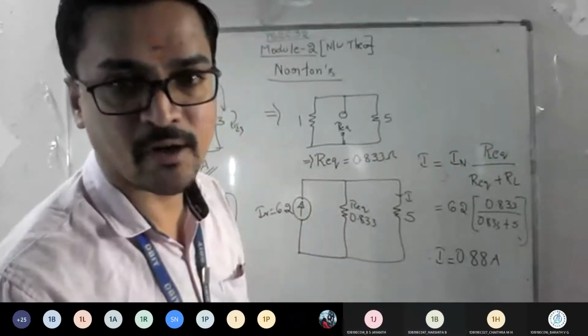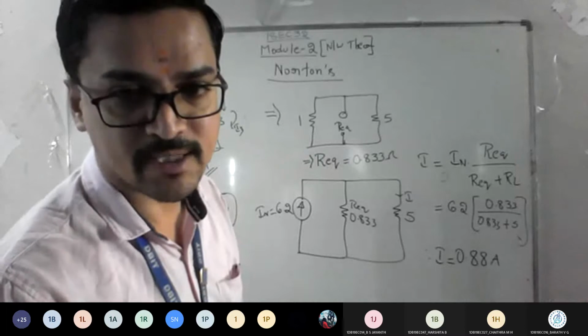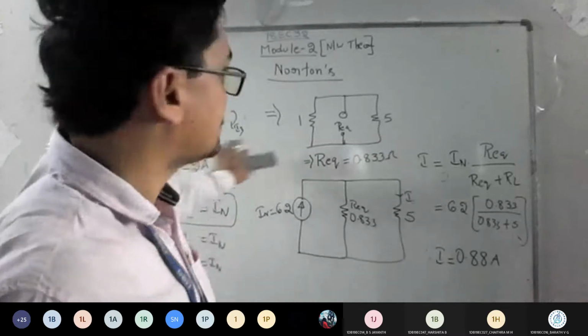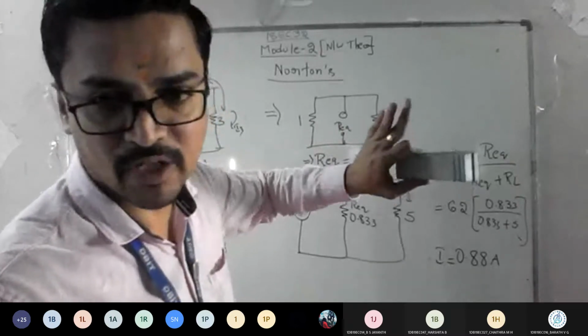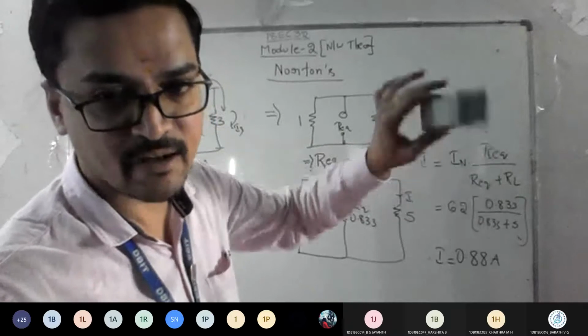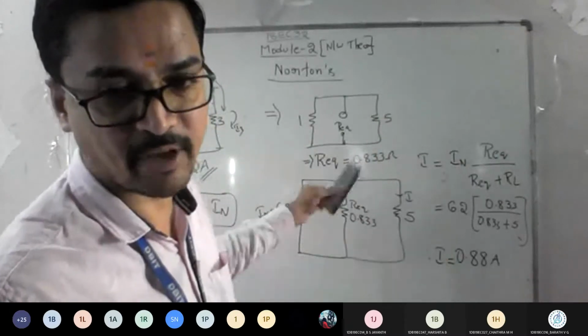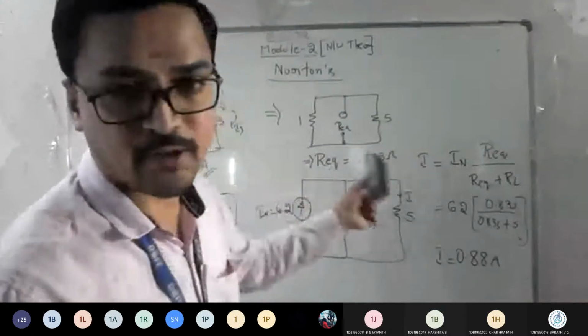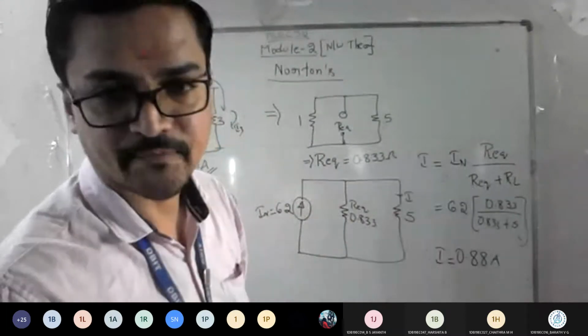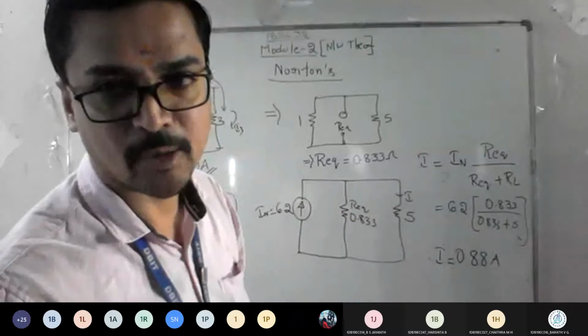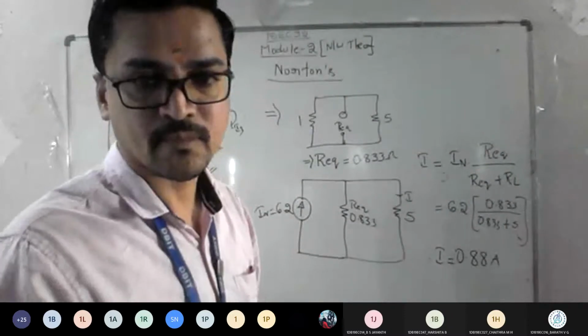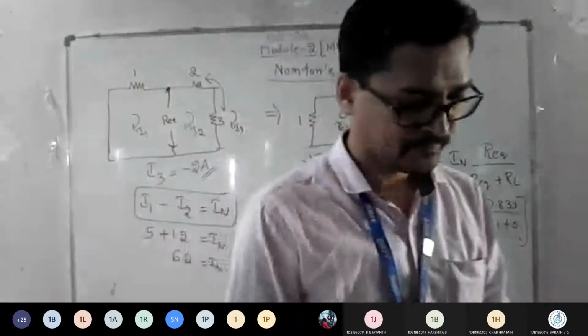So you got the procedure now? How to solve Norton's? Only the change is this. Finding R equivalent is the same as we did for Thevenin. The only thing is, instead of VTH, I should short circuit the current, that is, find the Norton current. Apply the logic of mesh analysis, get the answer. Okay? Understood, everyone? Yes, sir. Okay, solve the next one then.